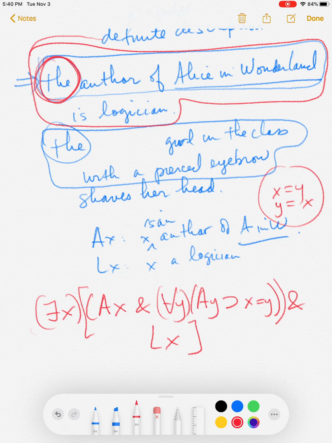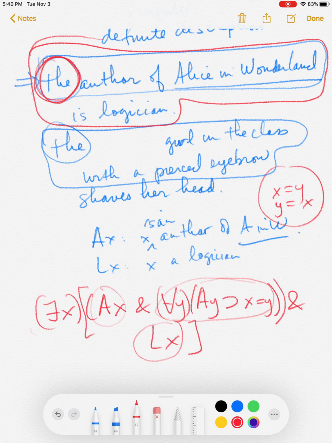So what this says is that there's at least one author of Alice in Wonderland. He's the only one. And furthermore, he's a logician. So that's kind of interesting that sentences that have occurrences of definite descriptions are actually existential claims. This is actually interesting philosophically, but I'm not going to get into that right now.